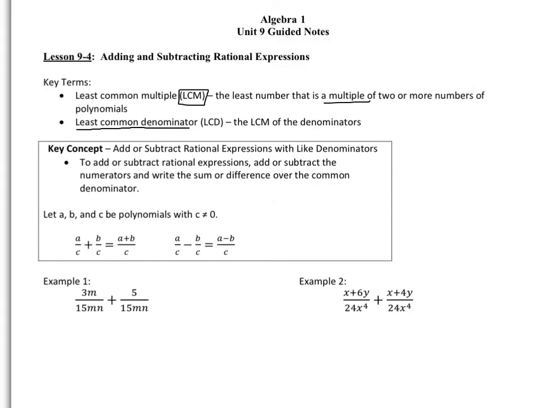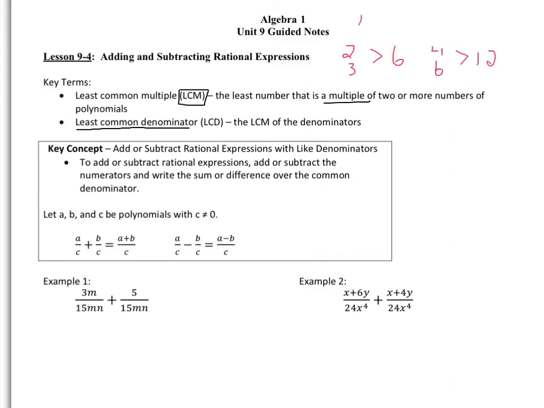For example, if I have 2 and 3, the least common multiple between those two numbers, the lowest number that both can multiply into, is 6. Now they both go into 12, but it's not the least common multiple. If I have 4 and 6, now they both go into 24, but the least common multiple would be 12.